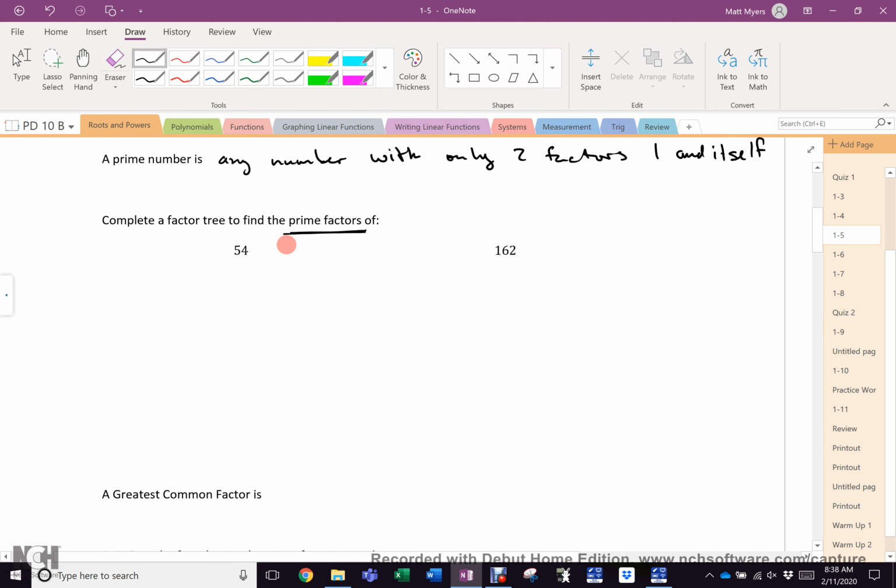I would like you to do prime factors of these two numbers, which means we have to split this first one. Now, everybody write two factors of 54 here. There are options. It does not matter what you write there as long as it is a pair of numbers that multiply to 54. You all have 3 seconds. Go. You've already done it. I see that. All right.